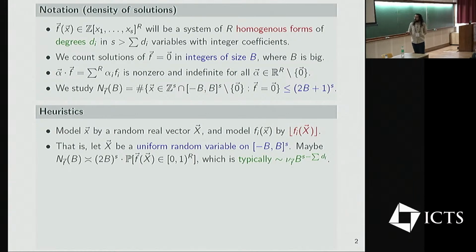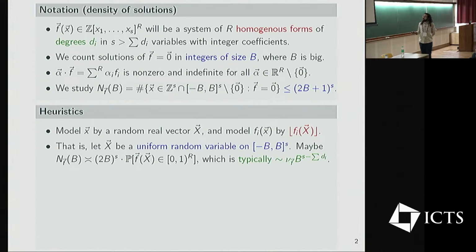Okay, so our slightly more precise prediction is that we model the vector of integer variables by a random real vector in the same box. Our random model for the polynomials is then given by taking the integer part of the polynomials evaluated at that random real vector.